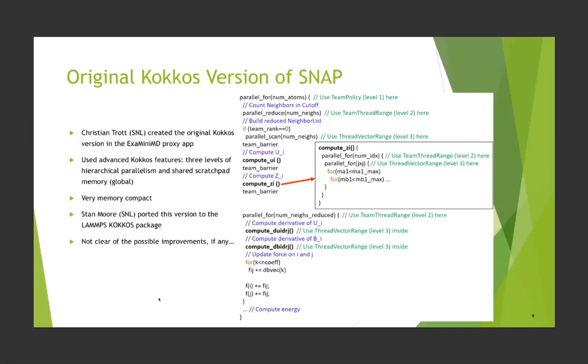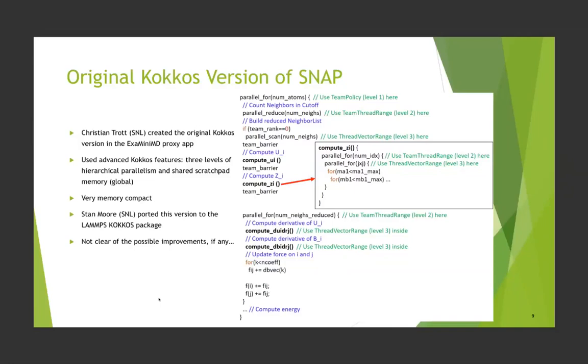To expose as much parallelism as possible, he used hierarchical parallelism, and Kokkos supports up to 3 levels. You can see in the pseudocode on the right, the first level is the team policy, which is over the number of atoms.